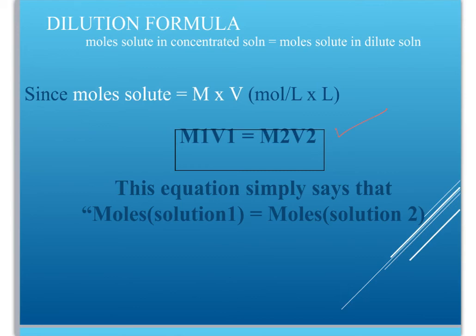When you have a problem that gives you either two different concentrations or two different volumes, that is likely a dilution problem, even if it doesn't mention dilution. And anytime that happens, you can use this dilution formula. The main thing you have to watch out for is that you keep the correct molarity paired with its particular volume.